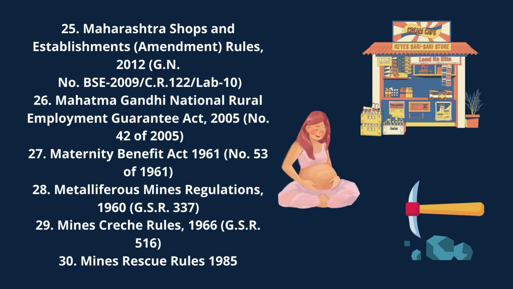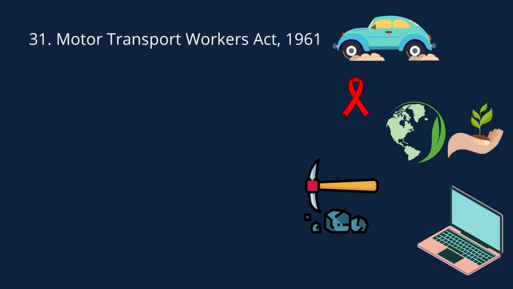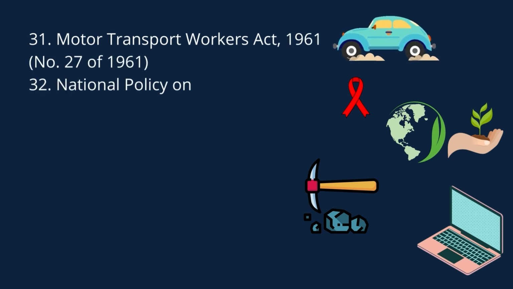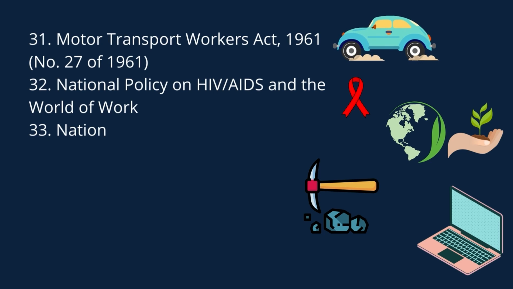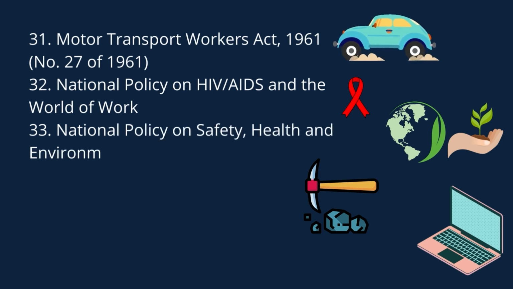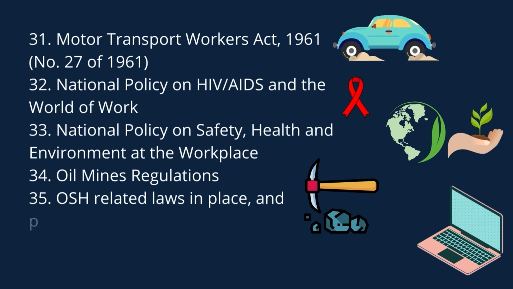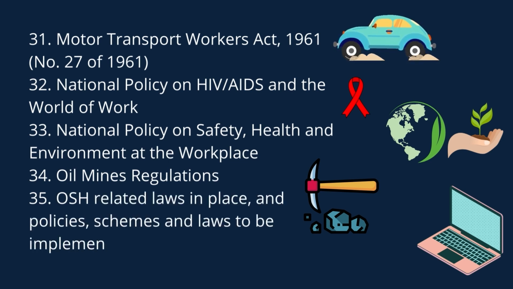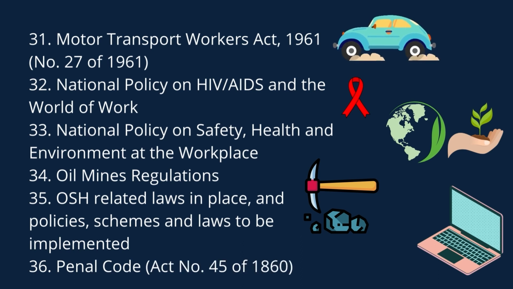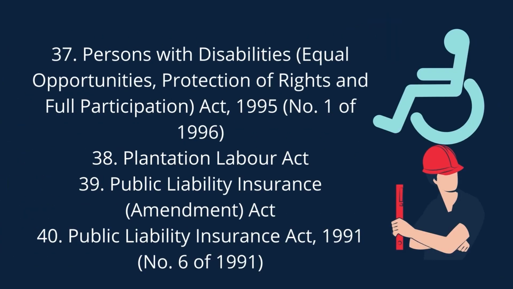Motor Transport Workers Act 1961, National Policy on HIV/AIDS and the World of Work, National Policy on Safety, Health and Environment at the Workplace, Oil Mines Regulations, then OSH related laws in place and policies, Penal Code, Persons with Disabilities, that is the Equal Opportunities, Protection of Rights and Full Participation Act 1995, Plantation Labor Act, Public Liability Insurance Act and Public Liability Insurance Act Amendment in 1991.